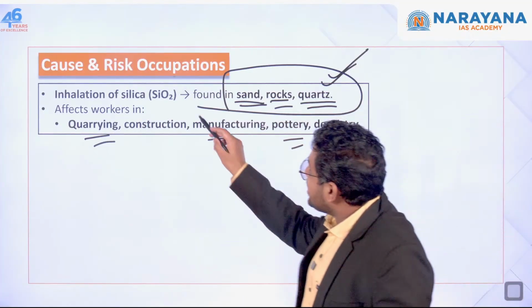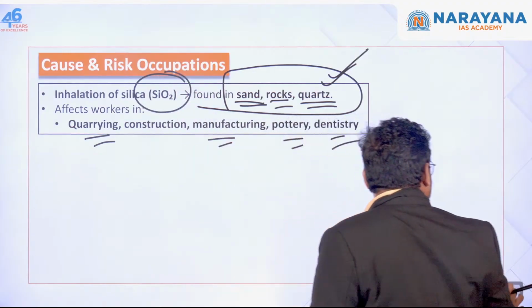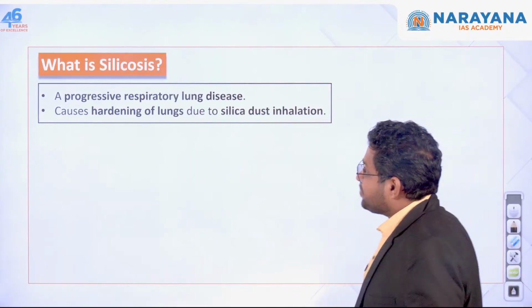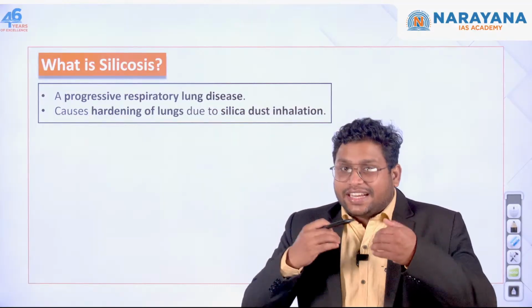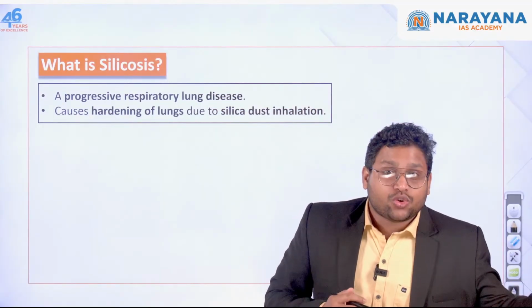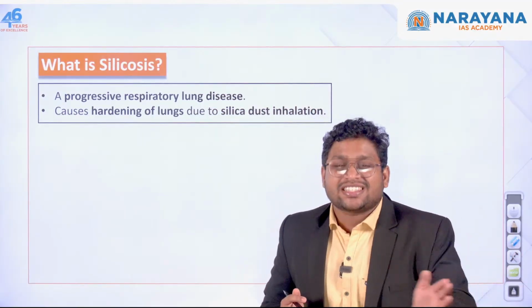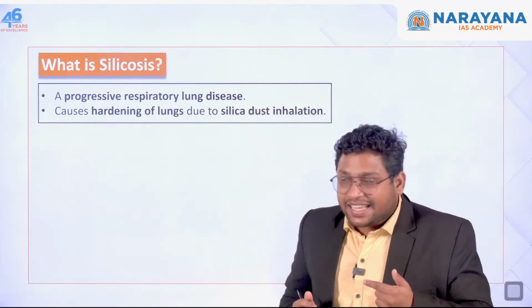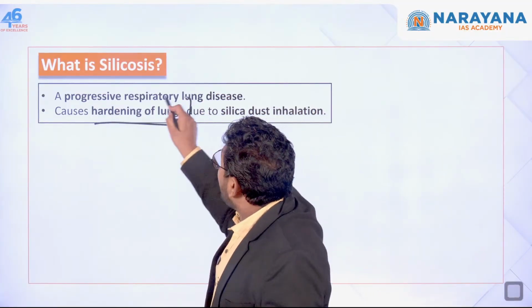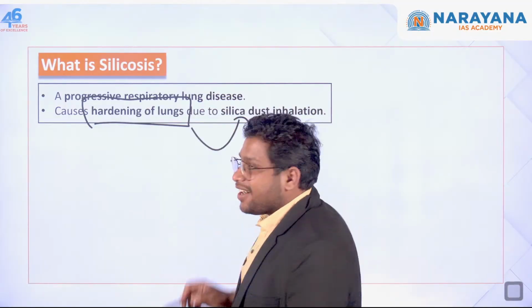And that's the reason they are inhaling this silica or SiO2. Now when it enters your lungs for a long duration, your lungs will start hardening because of this silica dust.